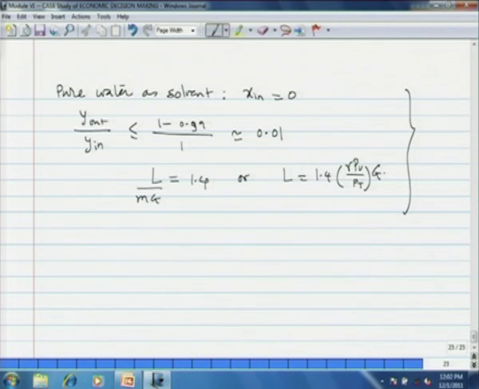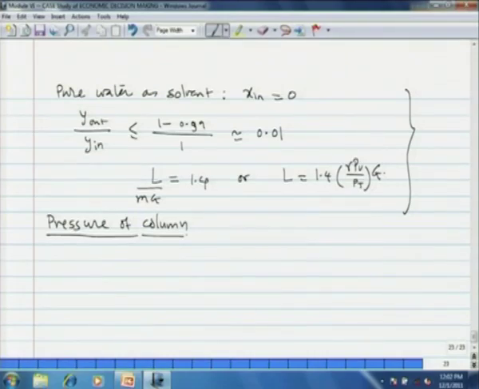Now, another information that is not available with us right now is the pressure of the column. Okay. We have assumed in our previous calculation that the pressure of the column would be close to atmospheric.